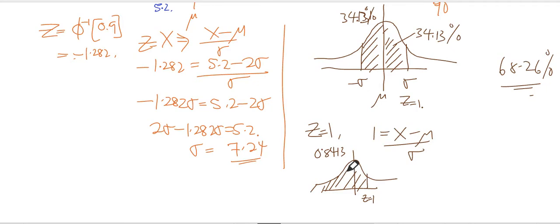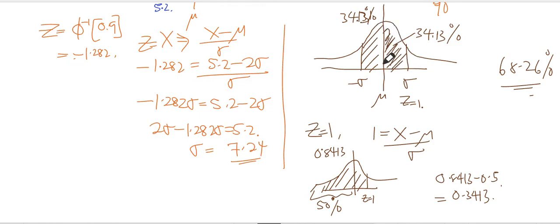But I'm not looking at that region. I'm looking at between 1 and minus 1 standard deviation. I know this part here is 50%, so 0.5. If I take 0.8413 minus 0.5, I get 0.3413. This is the region that I'm getting.